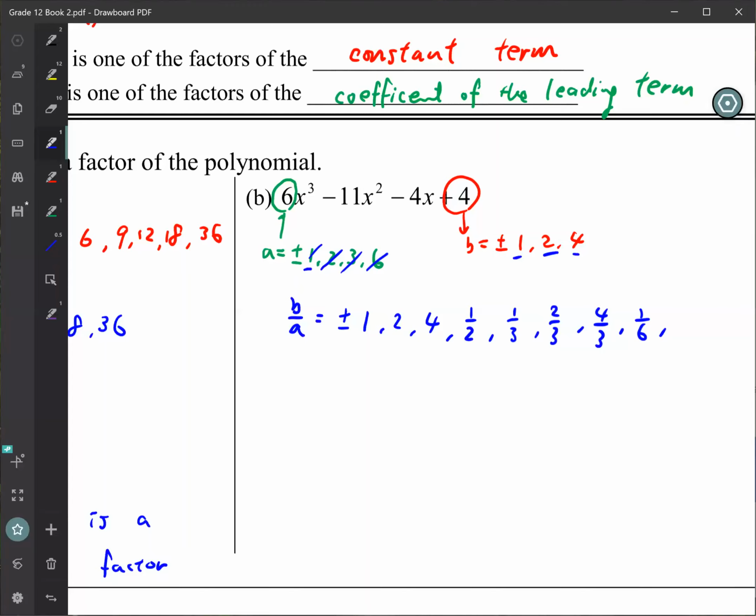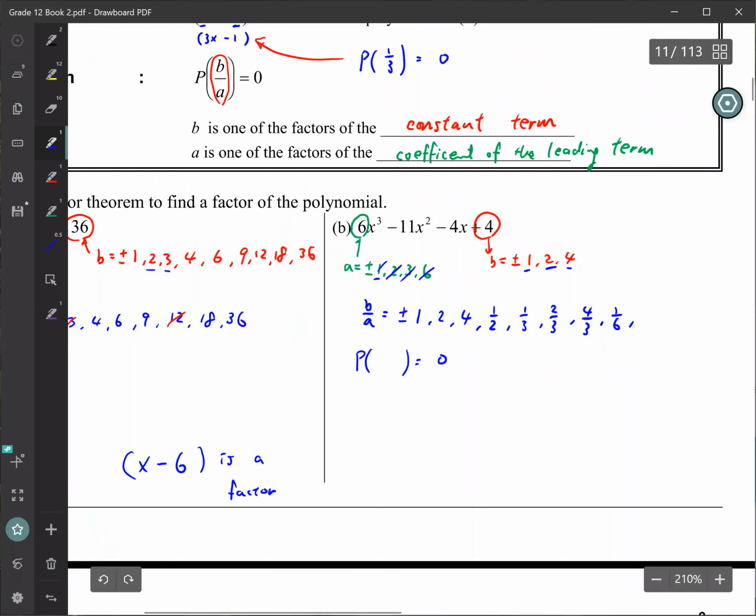All right. So now from here, it's time to try your luck. This time I won't call out your name. I want you to all try it. Find out from this list which number, plug it in, can equal to 0. If you have found one, please raise your hand. And then if you have found it, you can write out what is a factor.